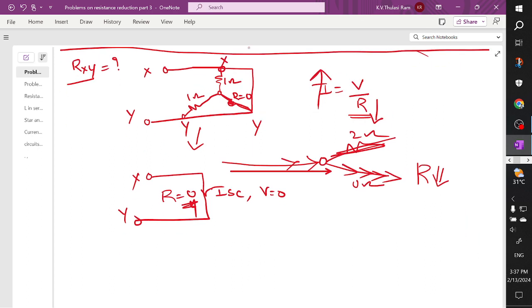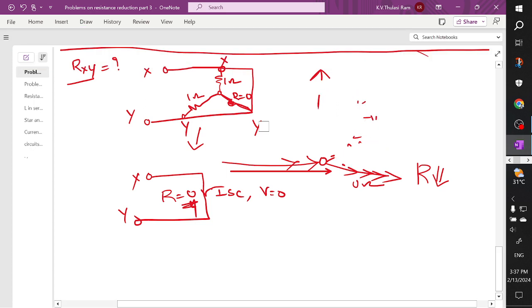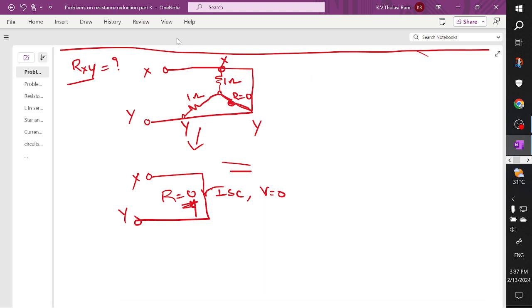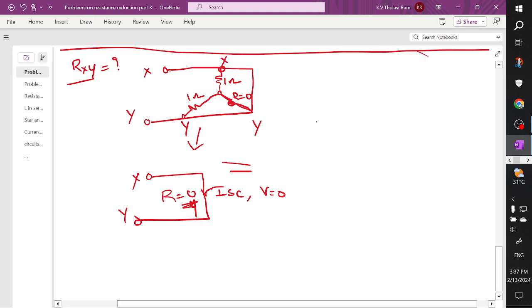So you can see here, this seems to be like a star connected network. So this is a star connected network.